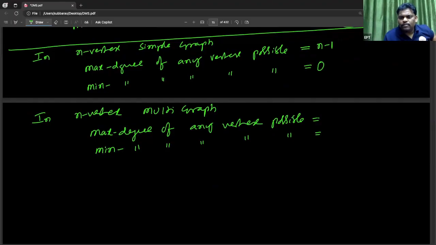So what is the answer you are thinking? Minimum, I think 0. Remember, it is a multigraph. He may not be adjacent to anyone. Minimum degree 0, I will accept.